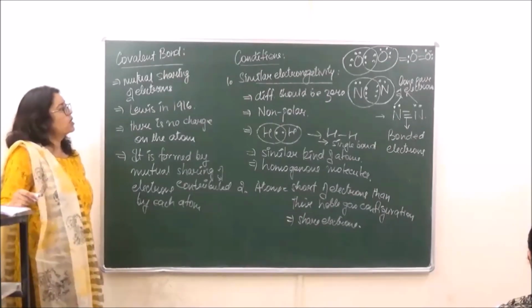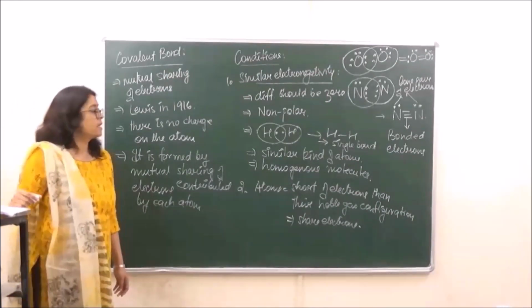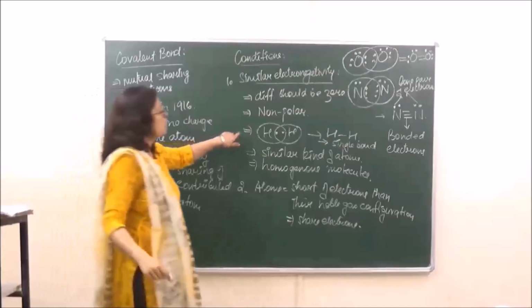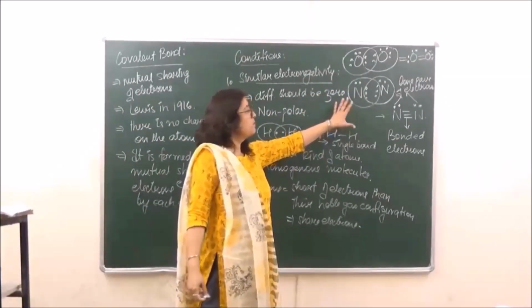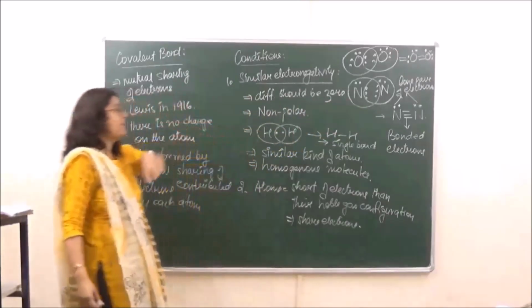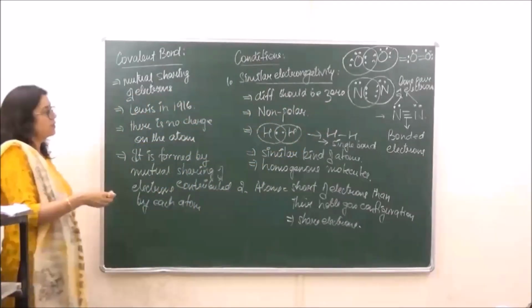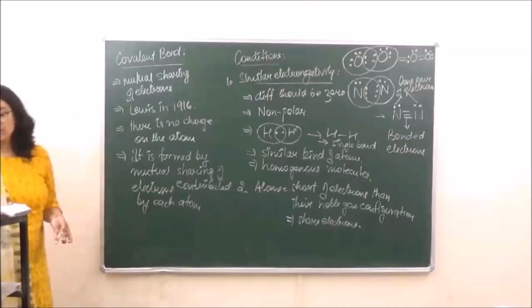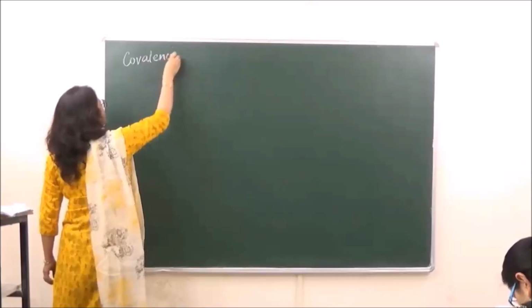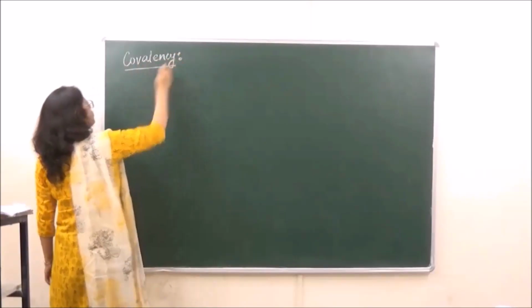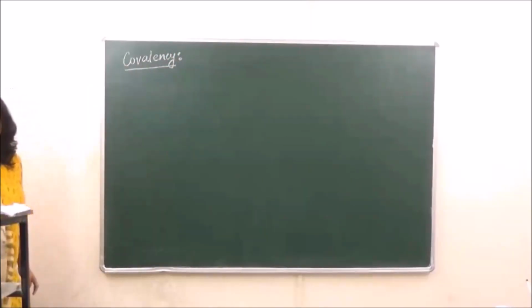So this is what a covalent bond is. These structures which we have drawn over here are known as Lewis structures. We will do this section also in detail in the coming classes. Now let's go on to what we understand by covalency.